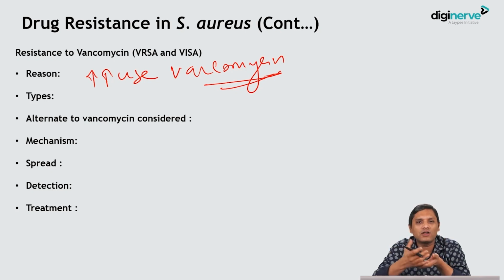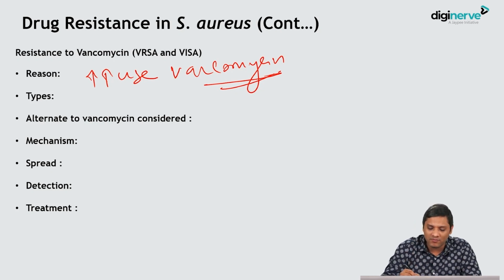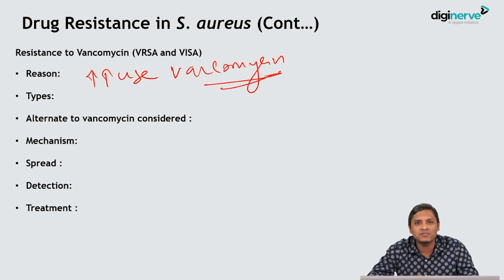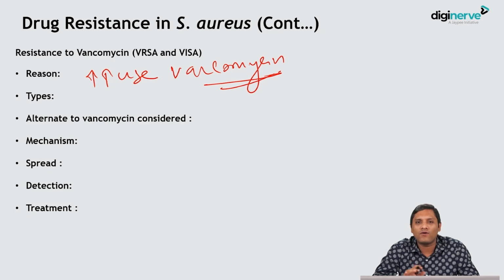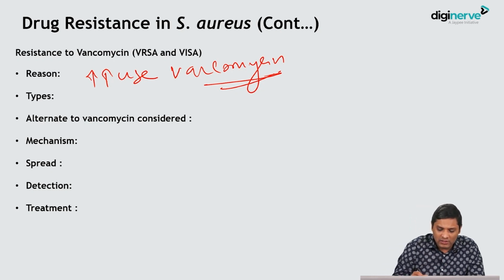If you overuse vancomycin in all these situations, that leads to emergence of resistance. So please remember, vancomycin has to be preserved only for MRSA strains, not for the routine treatment of Staphylococcus aureus.